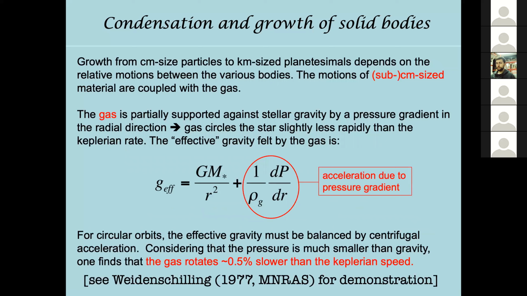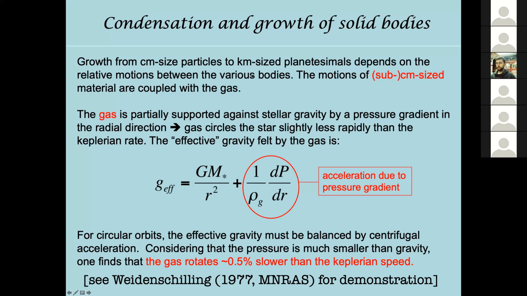another important interaction between solids and gas that is a bit problematic, and this is what is causing a lot of trouble in the planet formation models of these relatively well-behaved disks. Of course, to make planets, you have to grow these particles from centimeter size to at least a kilometer size.